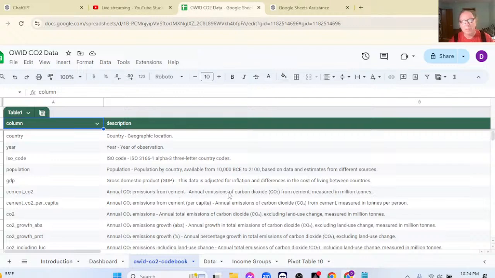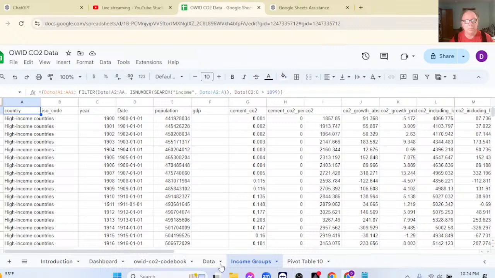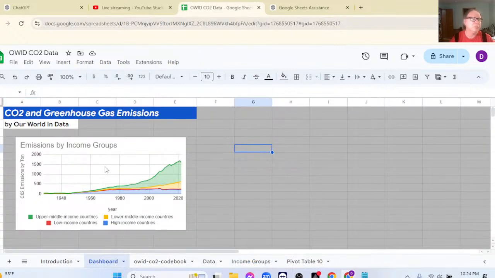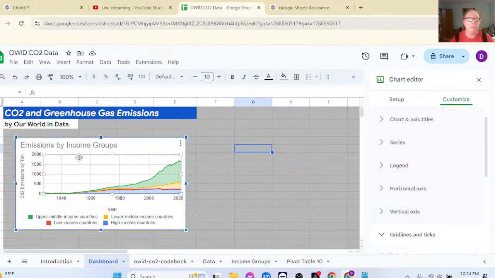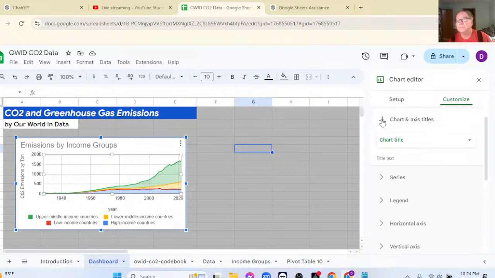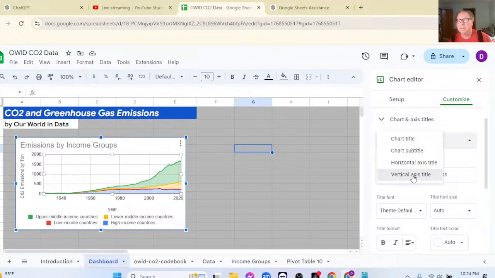Annual emissions of carbon dioxide, CO2, from cement, measured in millions of tons. So it's not simply tons.